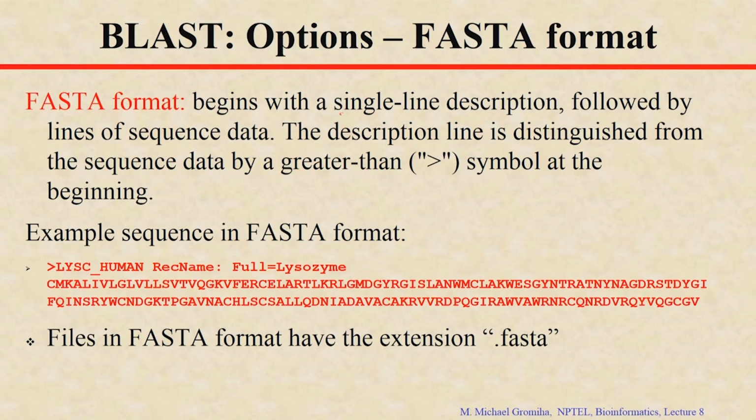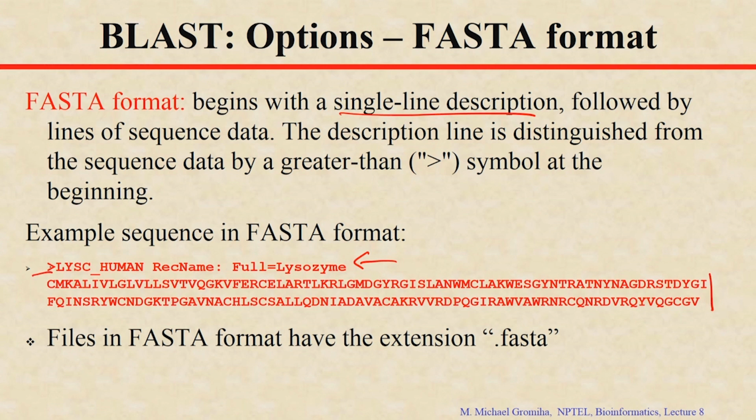So, what are the different file formats? The most widely used format in bioinformatics problems is the FASTA format. The FASTA format begins with a single-line description followed by the sequence data. This is the single-line description, and here is the sequence data. In this line you can see they started with the greater-than symbol.